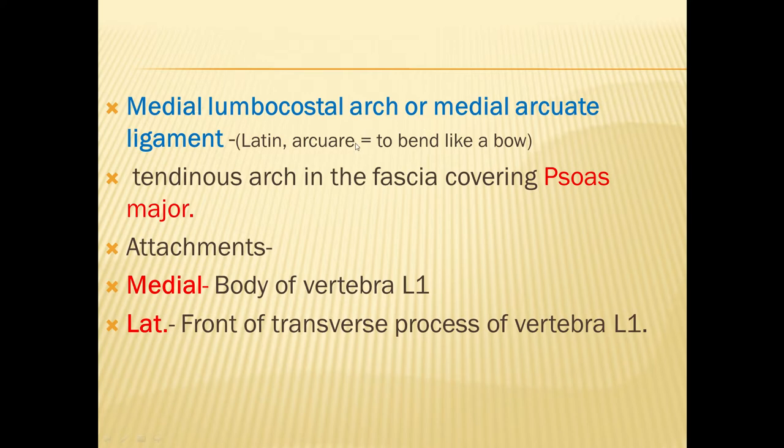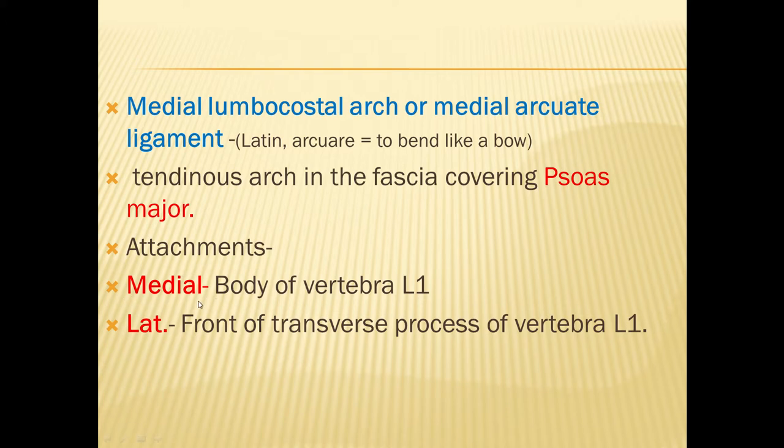Now there is a muscle that is known as the psoas major. It is a muscle present in the lumbar region, and when both sides of the psoas major contract, it raises the trunk from the supine position. Now we are talking about this medial lumbocostal arch. The attachments are from the medial aspect.